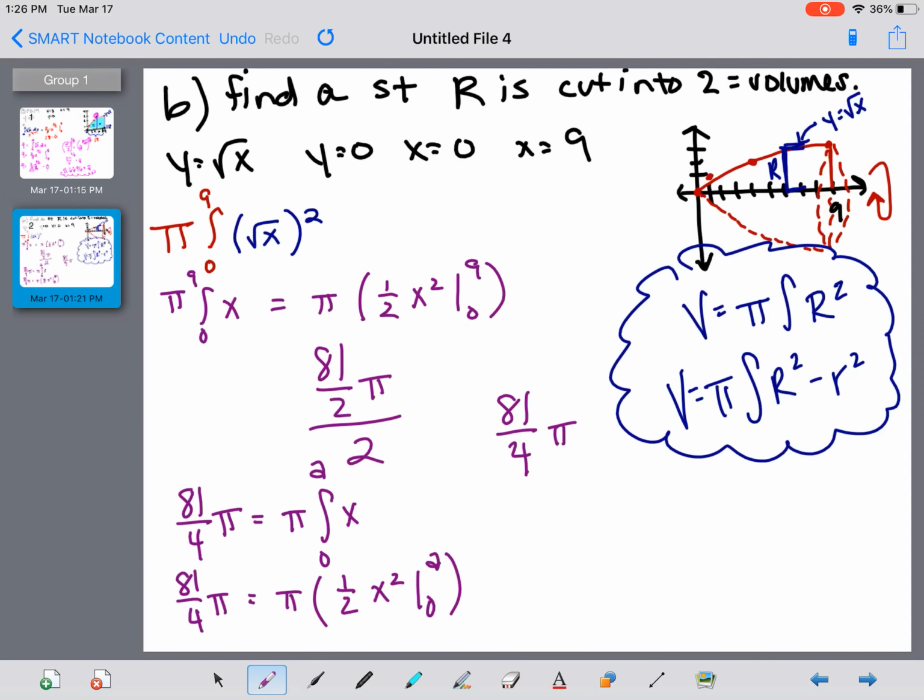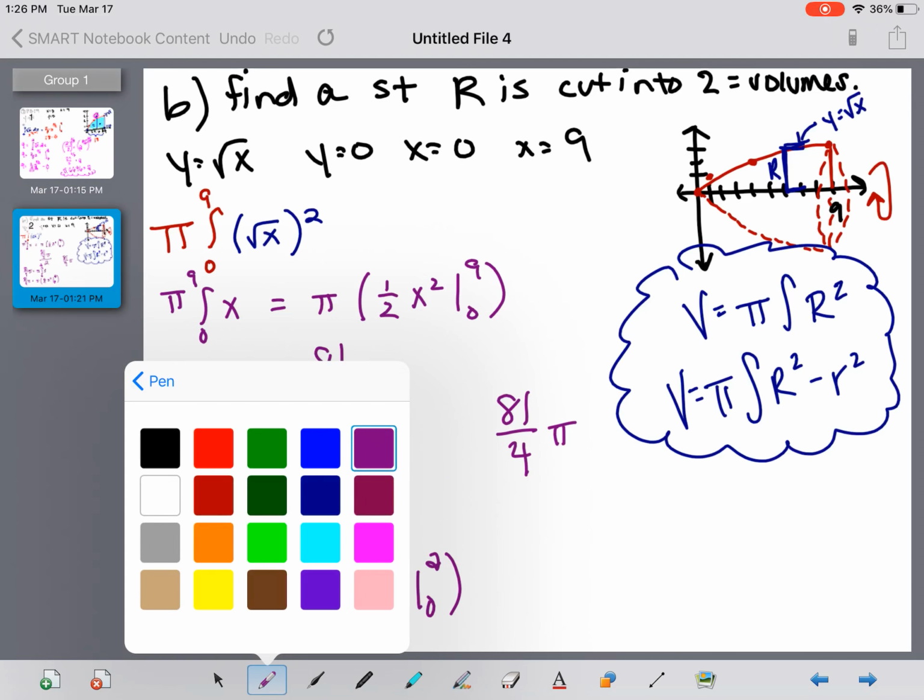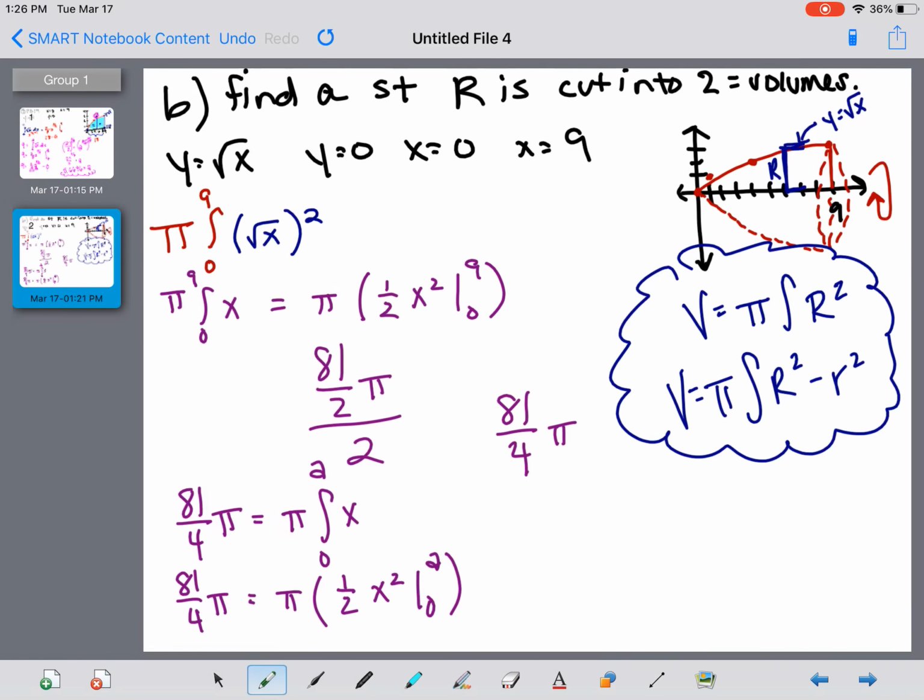I'm going to change color so you can see where I'm going with this. 81/4 pi equals pi times that. If we plug in a, we get a squared over 2. If we plug in 0, we get 0. I'm going to divide both sides by pi so that those cancel out. Then I have 81/4 equals a squared over 2.